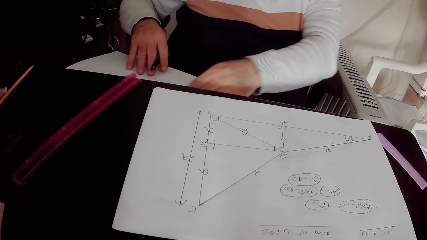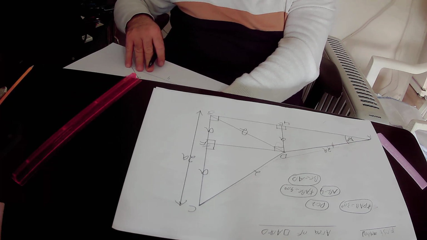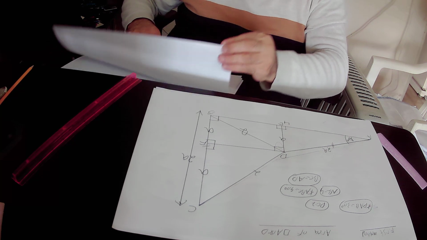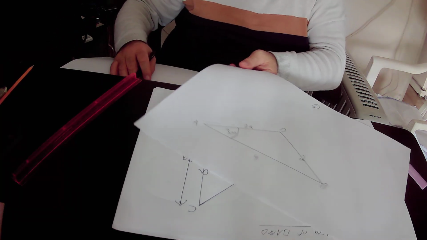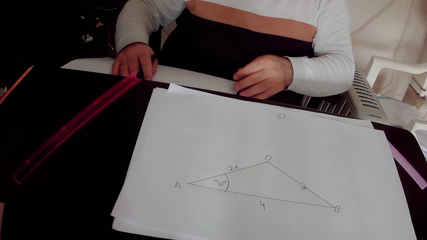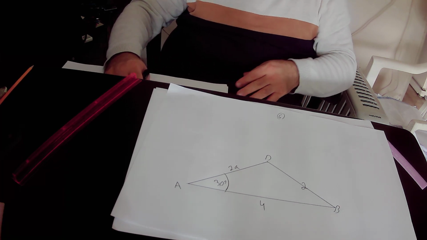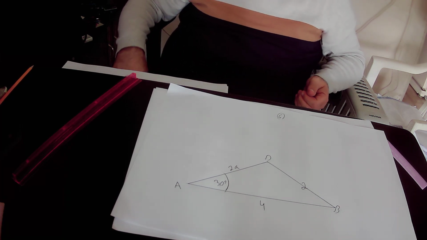So actually this is triangle DAB, and we will implement the law of cosines on triangle ADB.